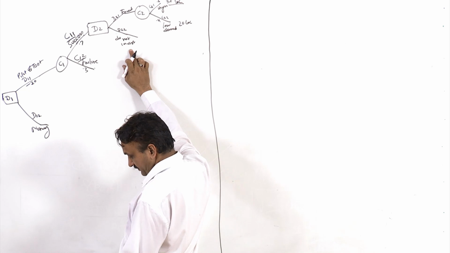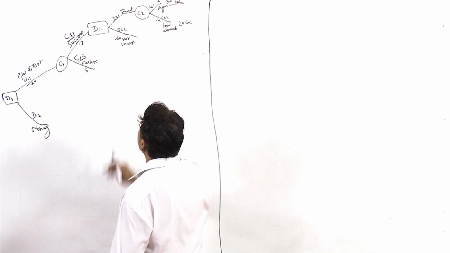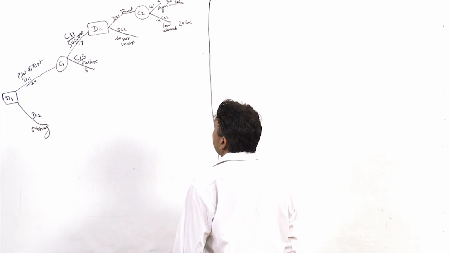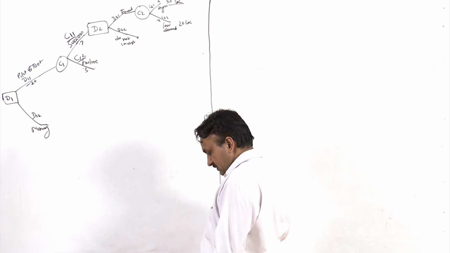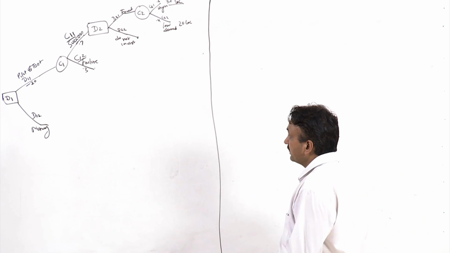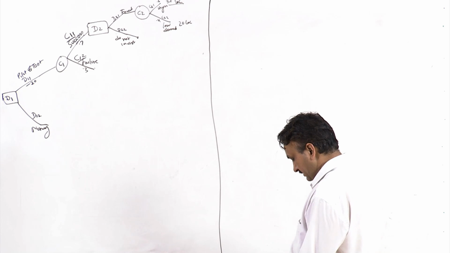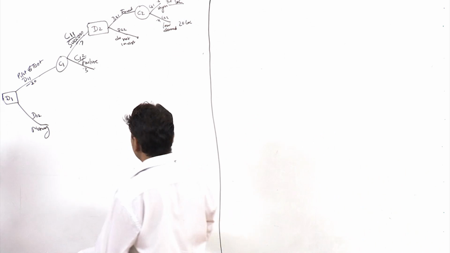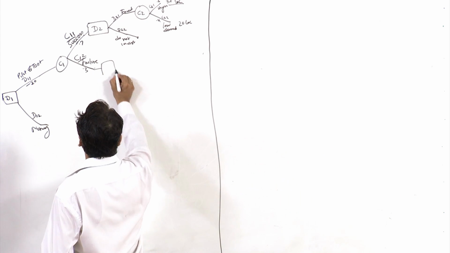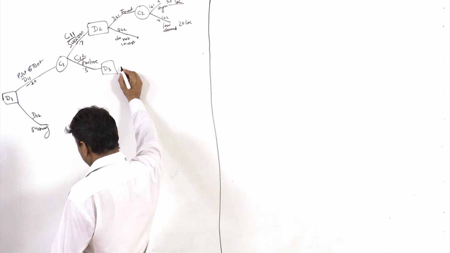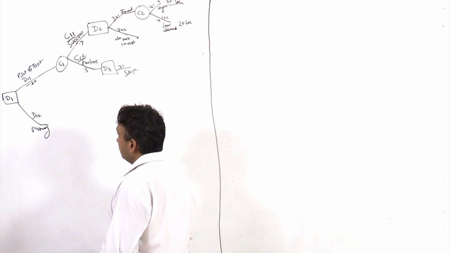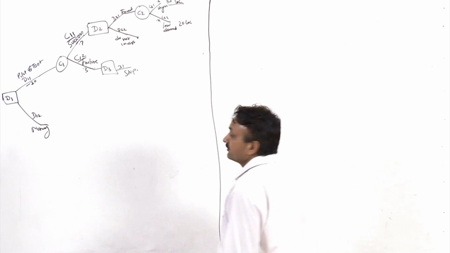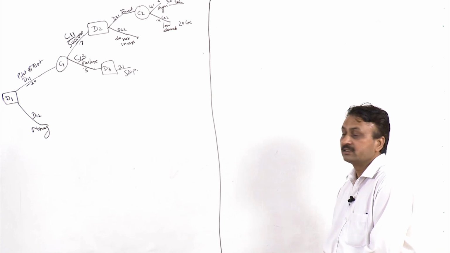Do not invest, if you are not investing anything, right. So you will stop here, right. So this is our decision tree. So this is D3. So D31 is stop, right.